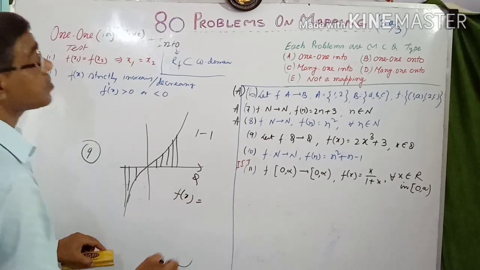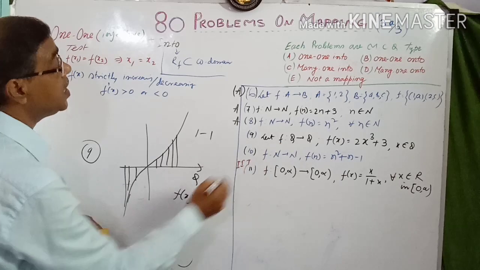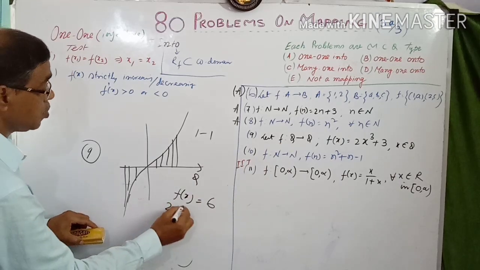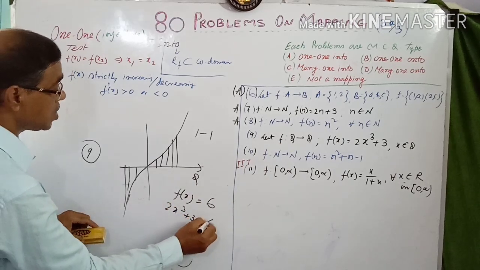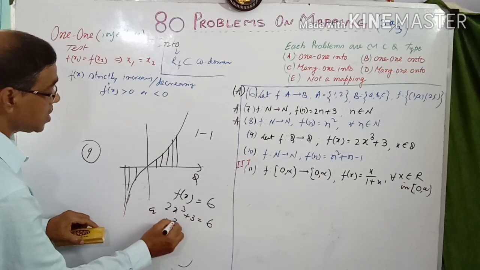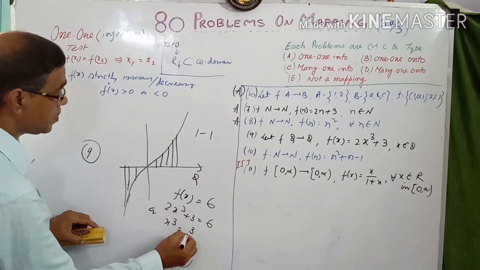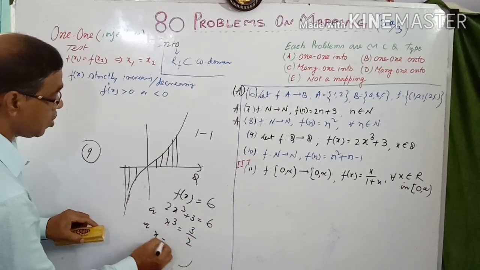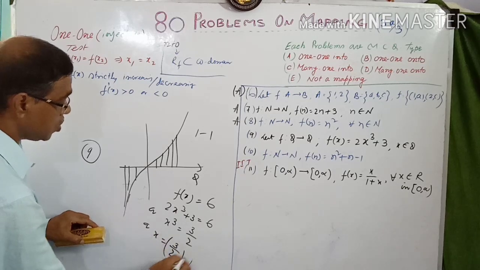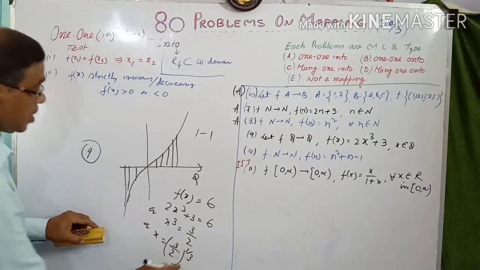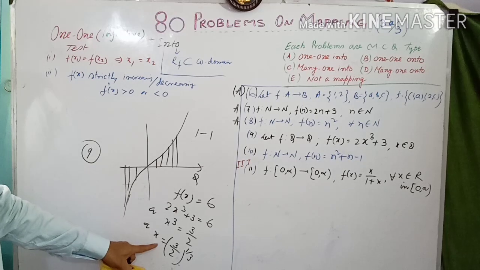Suppose we take f(x) equals 6, then 2x cube plus 3 equal to 6, or x cube equals 3 by 2, or x equals 3 by 2 whole to the power 1 by 3.